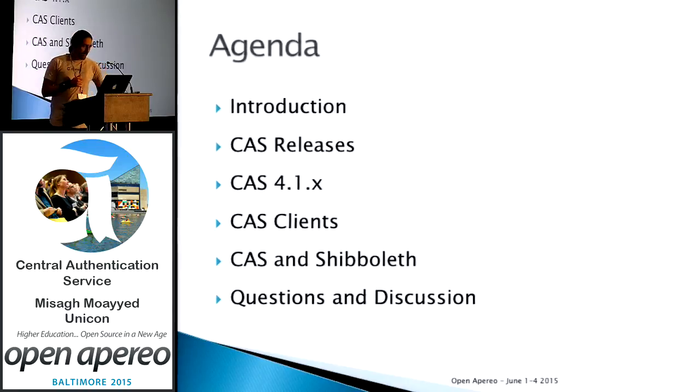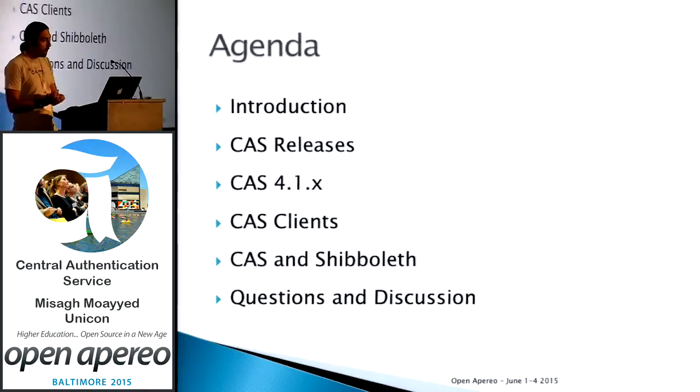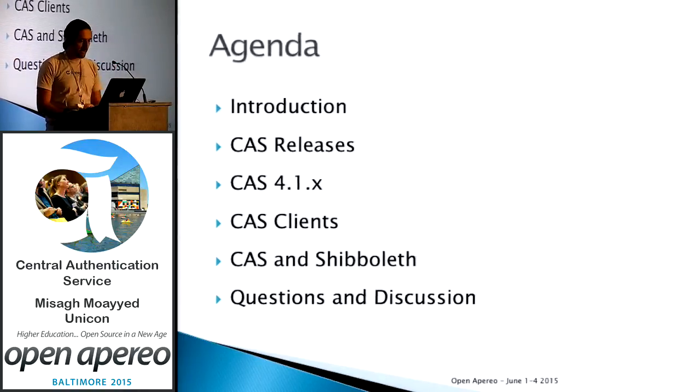So this is the quick agenda I hope to cover with you. Quick introductions first, and then we'll talk about available releases and what the CAS project is planning to present and release, which namely will be CAS 4.1, the next big release of the CAS software, currently in development and progress.